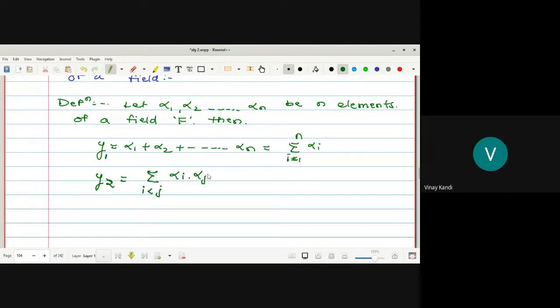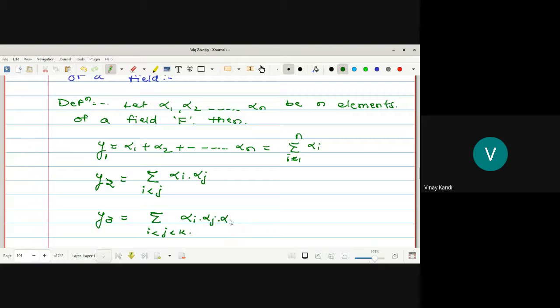Okay, this is again an elementary symmetric function of the elements of a field F. y3 is defined as summation over i less than j less than k of alpha i into alpha j into alpha k.